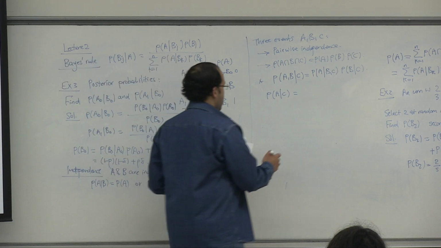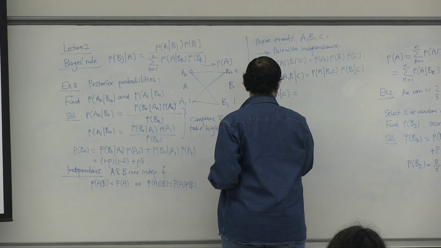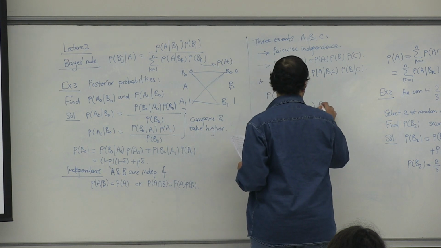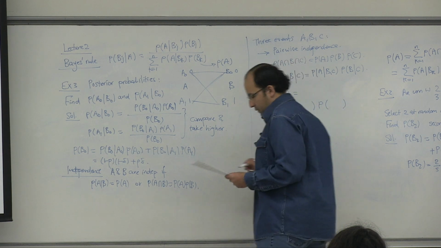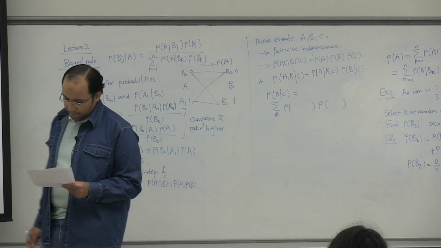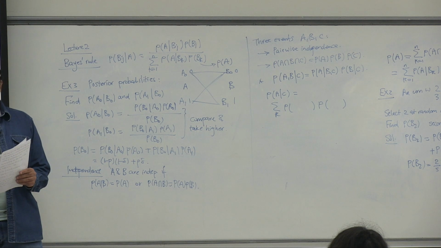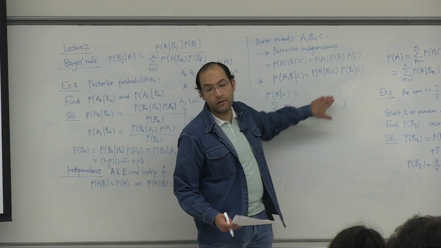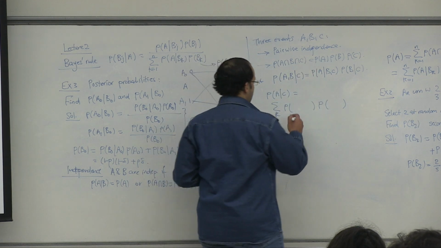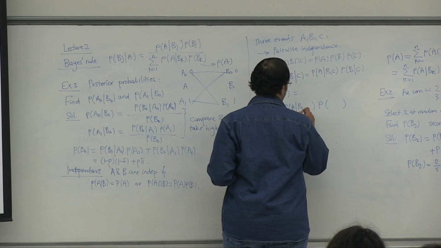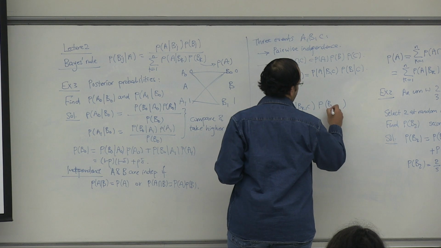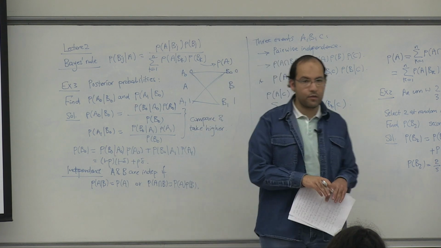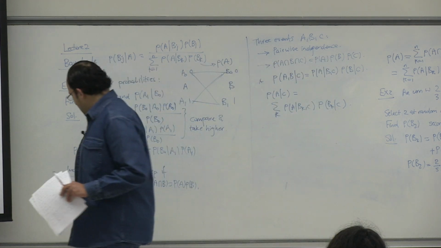Let's write the summation over K. The probability of what times the probability of what? It's just right there. It's A conditioned on BK and C, times BK conditioned on C. All right? Okay.